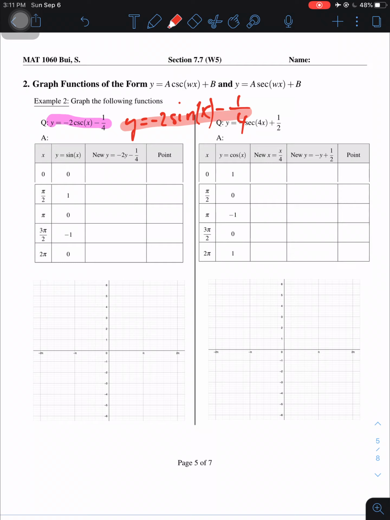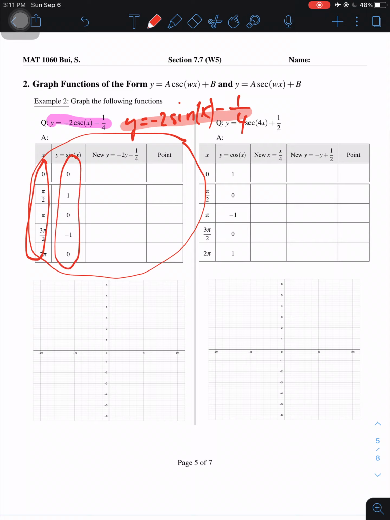So now what we're going to do is use this table in here for the sine function. Let me put everything in red because these are all for the sine function, okay? If you remember, for the sine functions, we have the 4 quadrant angles, and the y values of them are from the 5 points of the quadrant angles.